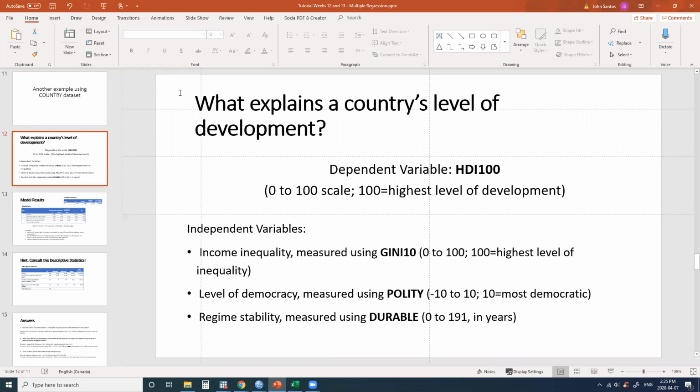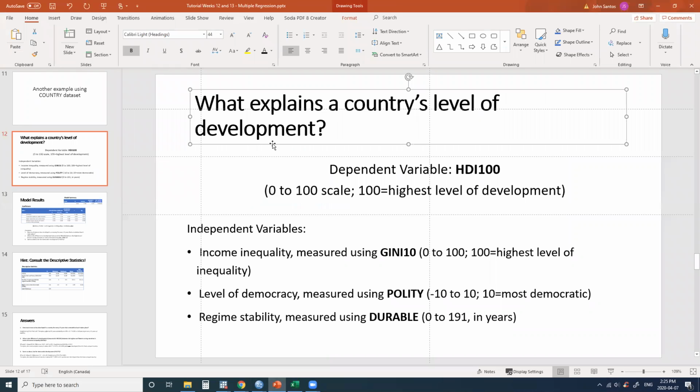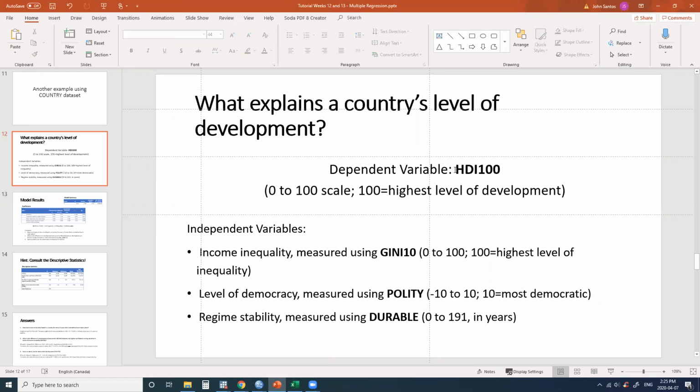This example research question that I gave you is, what explains a country's level of development? The UN has the Human Development Index, and it's measured on a 0 to 100 scale.